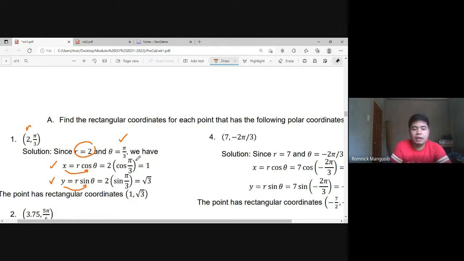So multiply, and you have to take note na kapag pi over 3 ang given, calculator must be in radian mode. Ulit-ulitin na naman natin, pi over 3, pag nakita mo yan, ibig sabihin i-radian mo ang calculator mo. Pero kung ayaw mo siyang i-radian, i-convert mo ang pi over 3 into degrees. And that takes a lot of effort.